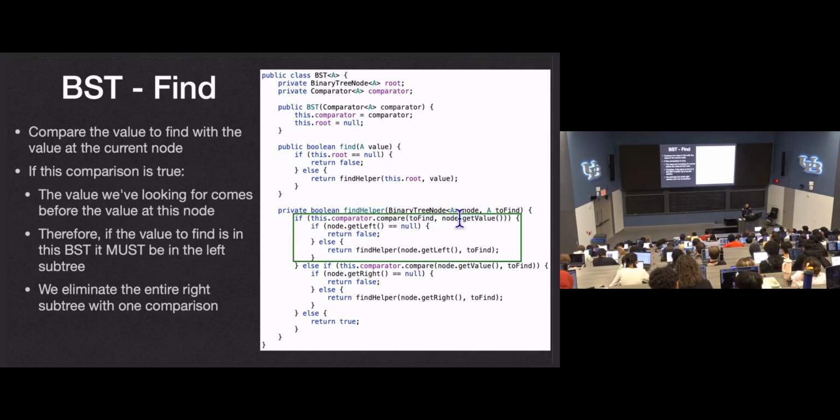If this returns true, we get into this block where we're thinking left, because the value I'm looking for comes before this node's value. If I look left and see nothing, well, this value is not in the tree. Game over, return false. If that node is not null, we're going to recurse and move over to the left. Put a new frame on the stack with a reference to that node, the left node, and move over to the left.